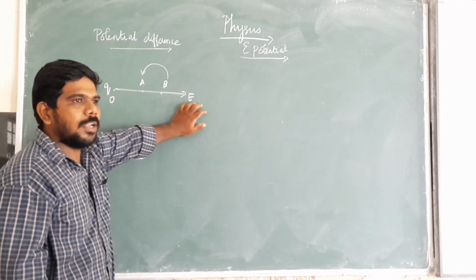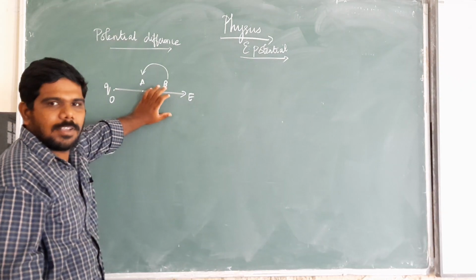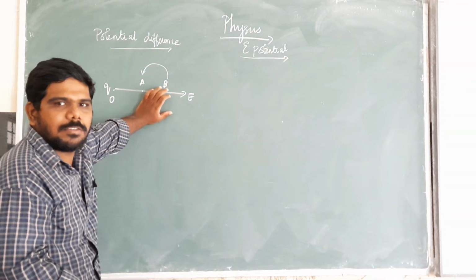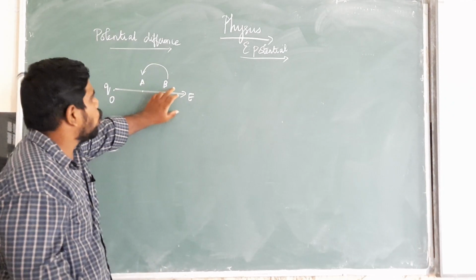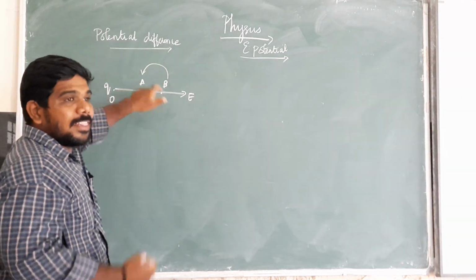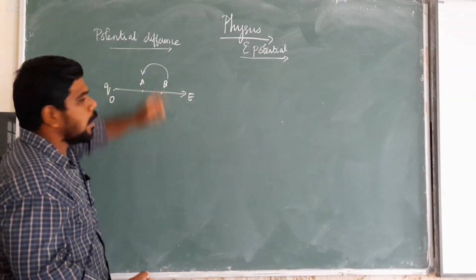From this electric field, the amount of work done to move a unit positive charge from the point B to A is equal to the potential difference.